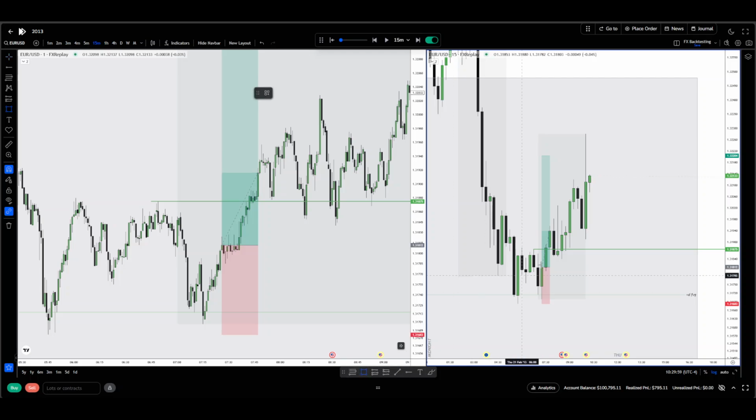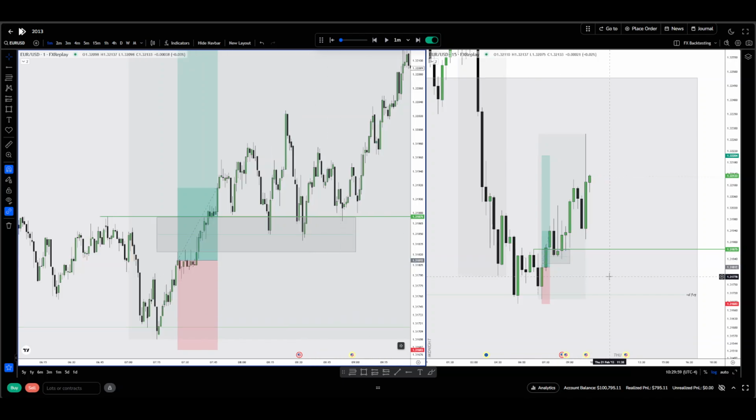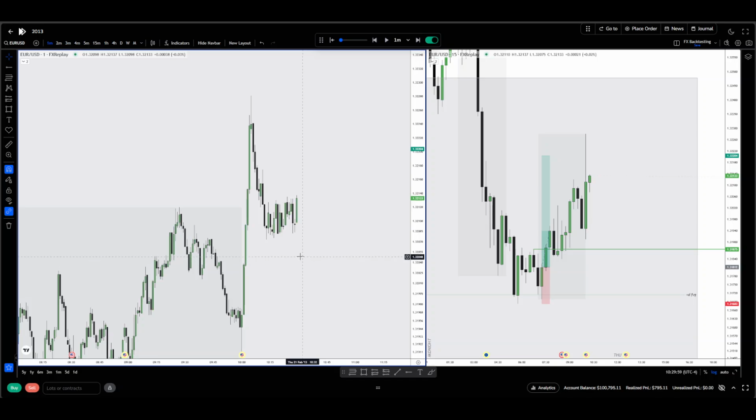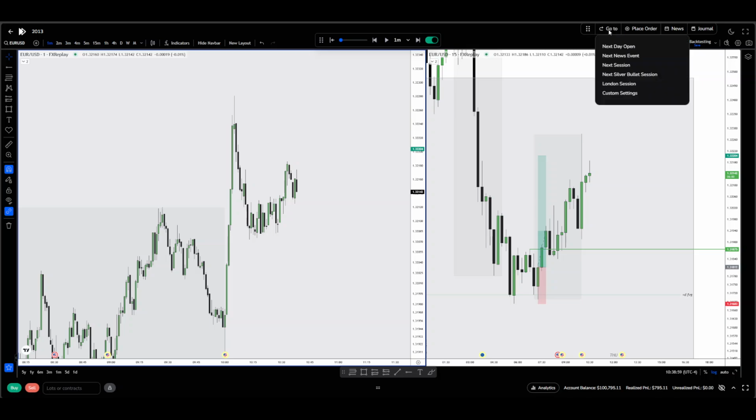Also, look where the bodies are closing and touching, it's very nice. I didn't notice the fair value gap, but that's actually a very strong signature when a high gets broken and that high has a fair value gap accompanied with it. That is a strong support area. So let's see what price will do. Let's go to London session and see what price did.